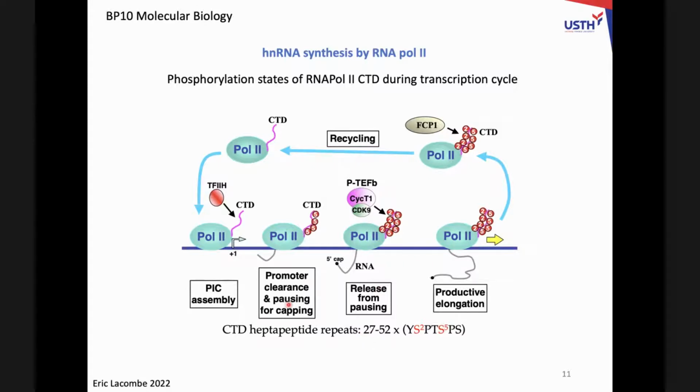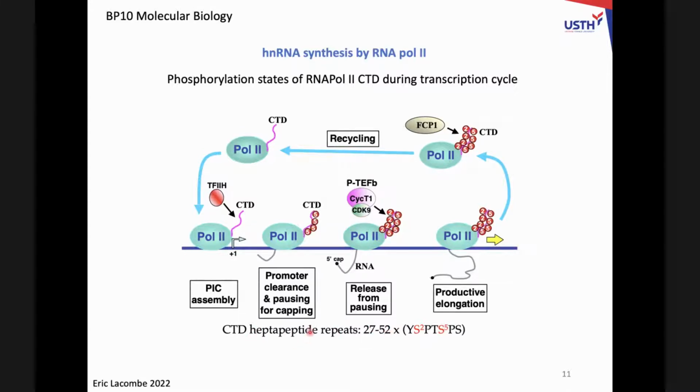Okay. So just to show you the importance of this C-terminal tail of the Pol2, the CTD, it's a heptapeptide, so 7 amino acids, which is repeated a large number of times, between 27 and 52 times, depending on the species.